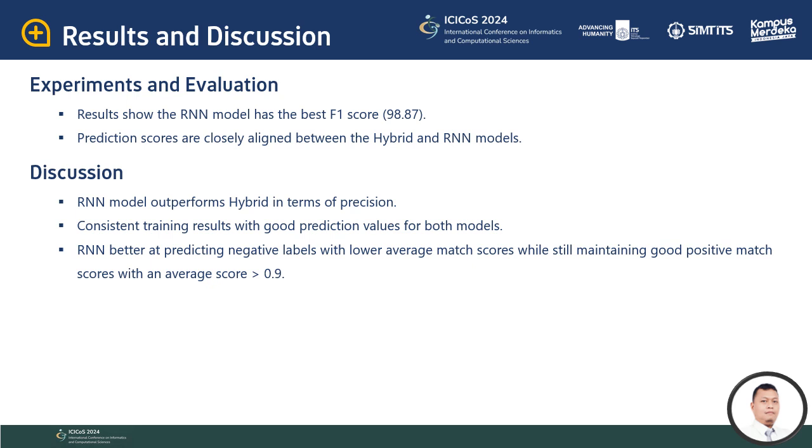Both models show consistent training results with good prediction values, but the RNN model is better at predicting negative labels with lower average match scores while still maintaining good positive match scores with an average score greater than 0.9.